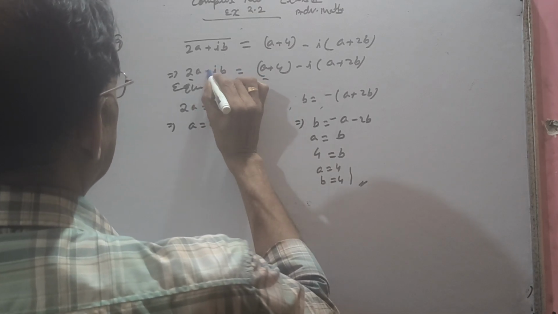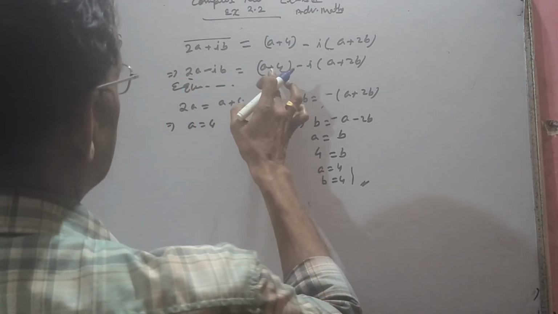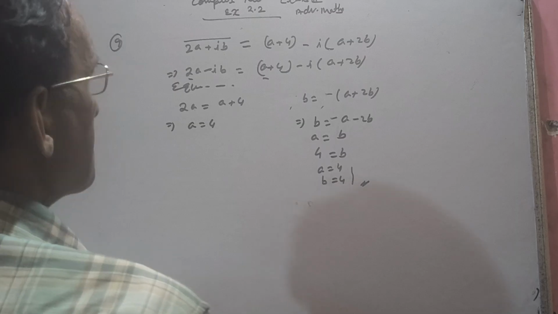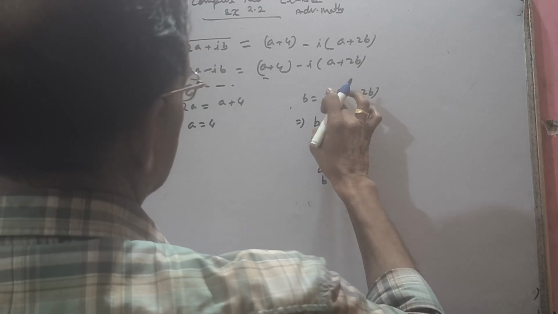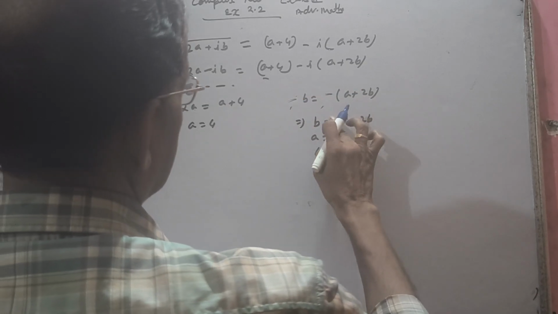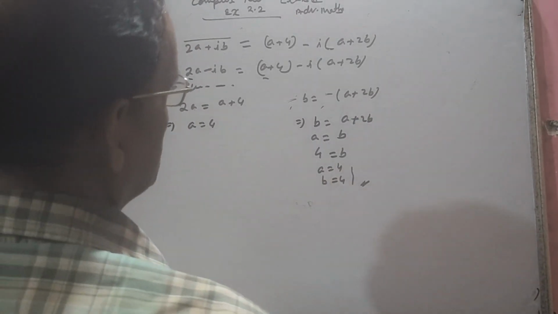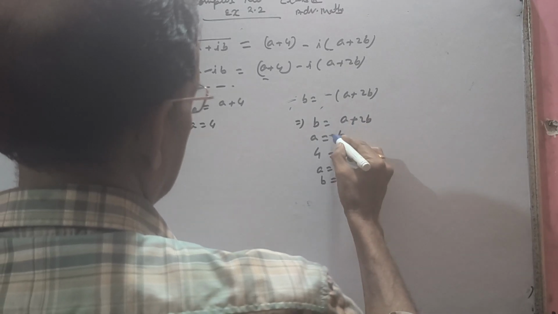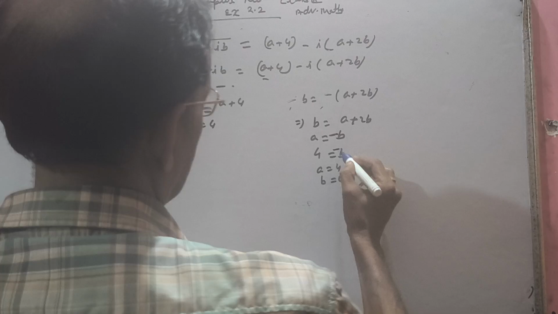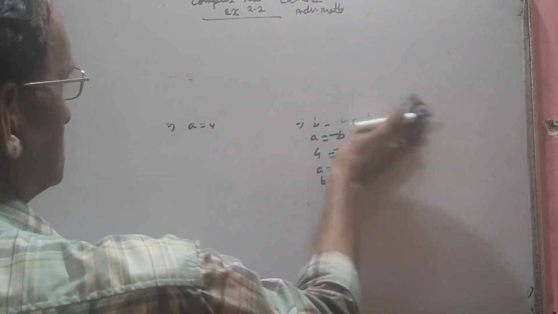No, the conjugate of this will be minus. So this is correct only. 2a = a + 4 and minus ib = minus (a + 2b), correct only. Minus minus cancel, correct only. So how much will we get? Oh, a equal to minus b we will get, sorry, minus b. 4 = minus b, b = minus 4, okay. Please do the correction. So this is number 9.